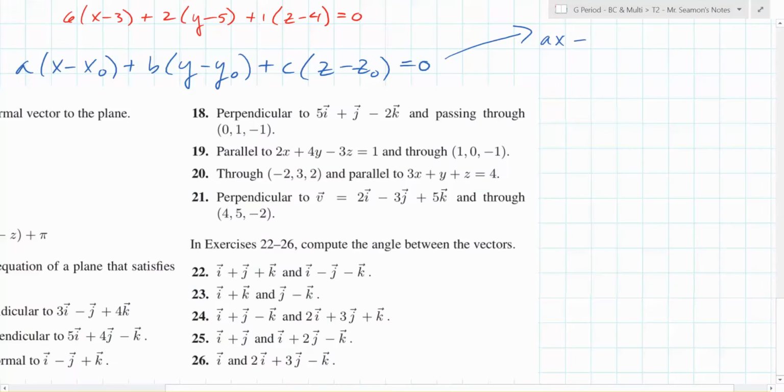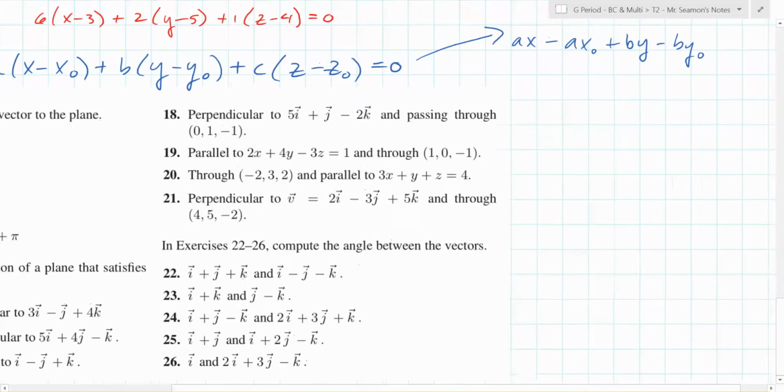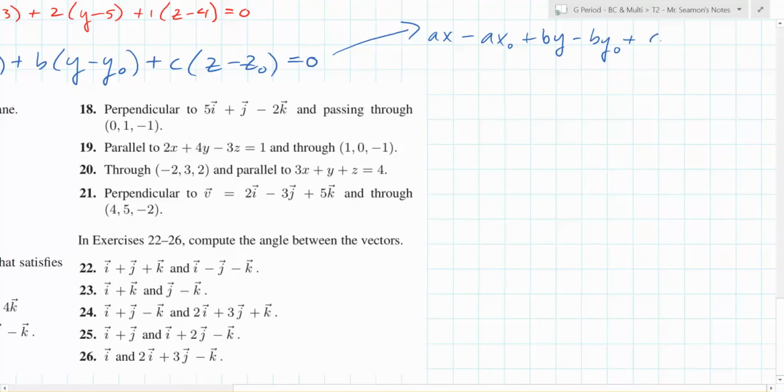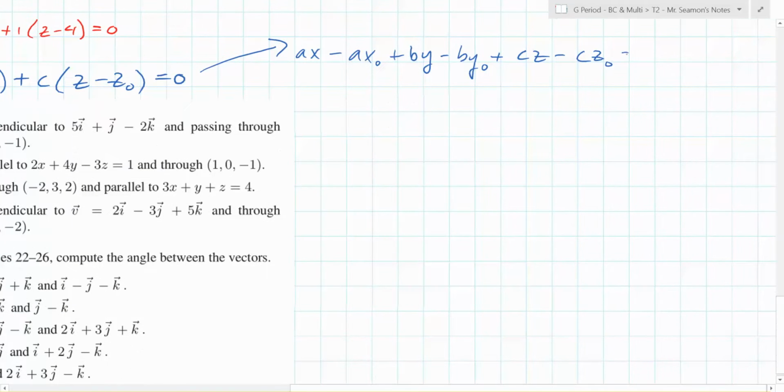AX minus AX naught, right? Plus BY minus BY naught, right? Plus CZ minus CZ naught equals what? 0. So you have AX plus BY plus CZ is equal to AX naught plus BY naught plus CZ naught, right?